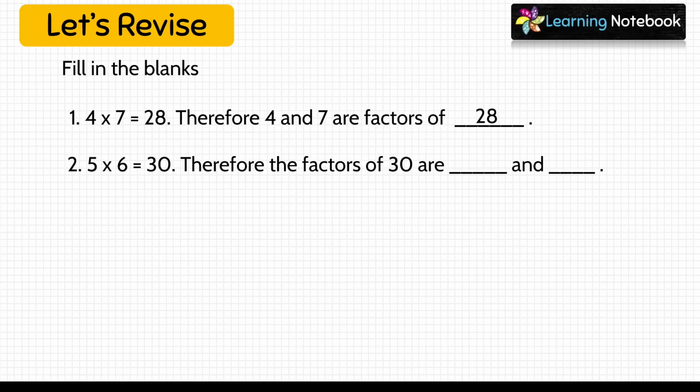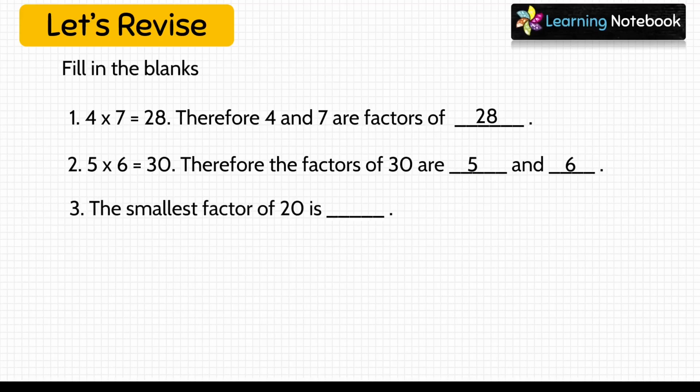Therefore, factors of 30 are dash and dash. Answers are 5 and 6. Next, the smallest factor of 20 is dash. Answer is 1, because we learned the property that 1 is the smallest factor of a number.